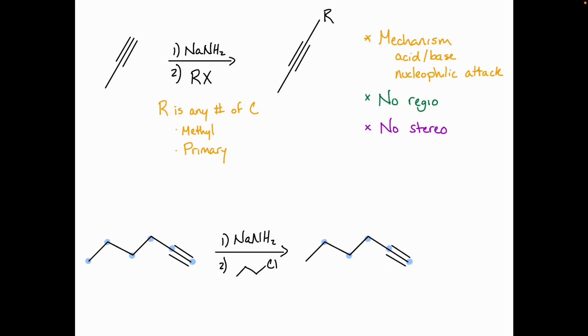Now I'm going to grow my carbon backbone by adding these additional 1, 2, 3 carbons from my alkyl halide. So I've got 3 additional carbons on there that I'm going to draw: 1, 2, 3. And remember that first one we have to draw in a straight line to represent the linear geometry of that alkyne. Okay, so again, something very important to note is that we actually have a way to grow our carbon backbone here.